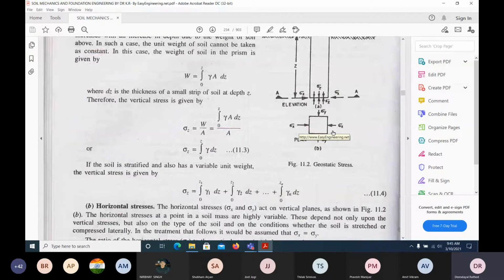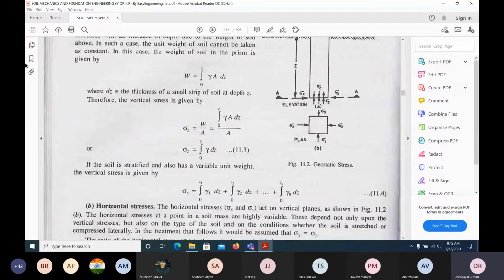It is having 1 2 3 4 5 6 sides. So in that case it is a three-dimensional problem. For our comfort, we can make it two dimensional, x and y, or we can make it the z plane also.